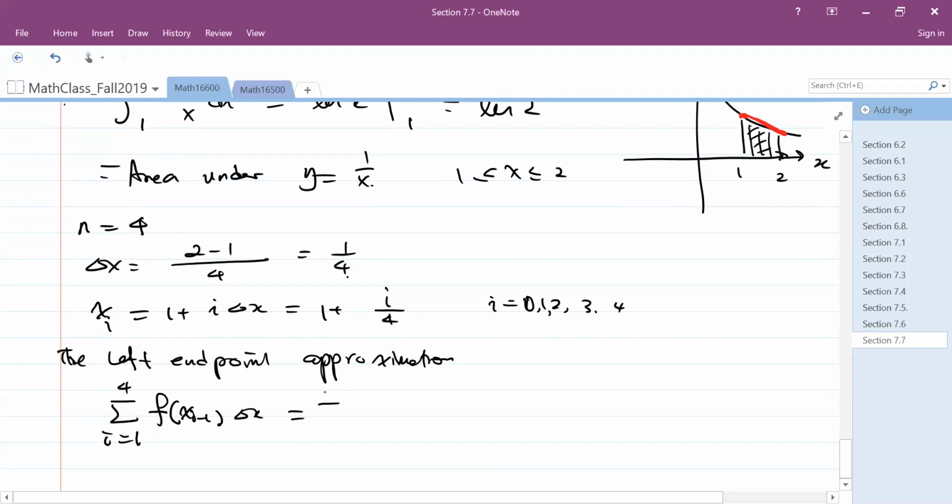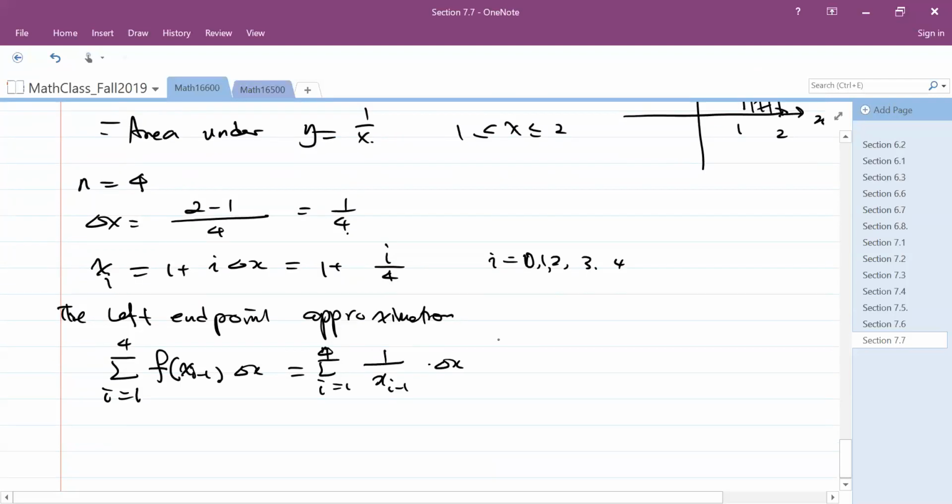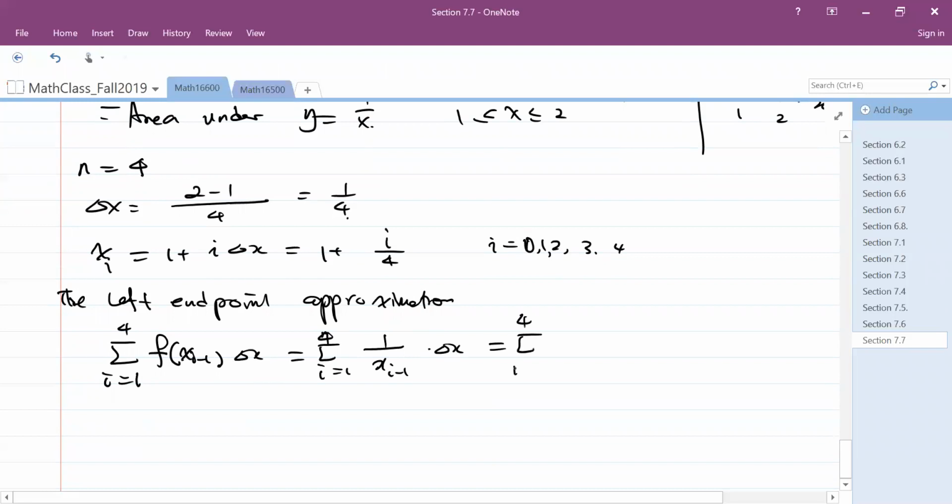I start from 1 here, right? And then put in more details. x_{i-1} is going to be 1 plus (i minus 1) over 4, right?